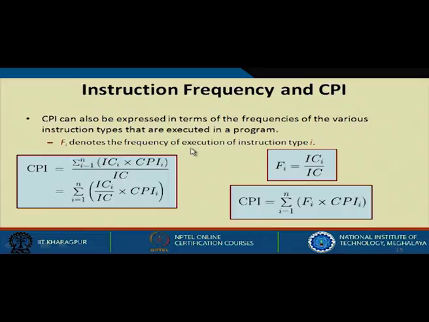So, Fi denotes the frequency of execution of type I. So, Fi is IC of I divided by total instruction count, and CPI we have already shown in the previous slide can be expressed in terms of frequency. So, we substitute this here. So, we get frequency multiplied by CPI of I.